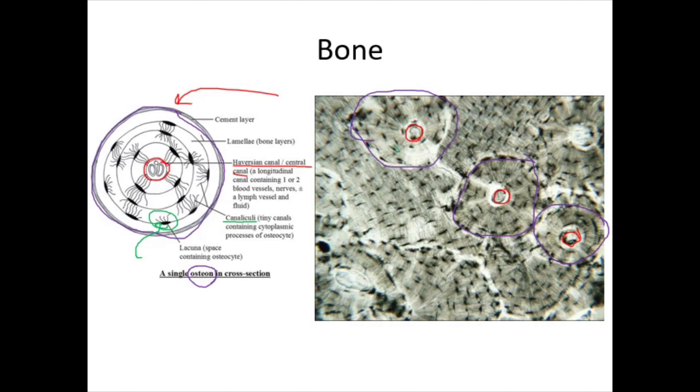The little projections, you're seeing the cellular projections filling the canaliculi. They're out here too, all of these. Each layer we call a lamella, or lamellae in plural. But bone is very distinct, right? Lots of grays, blacks, whites.